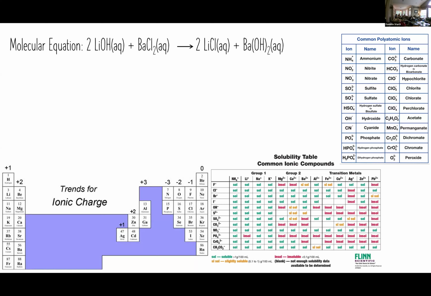So it's 2 LiOH aqueous plus BaCl2 aqueous yields 2 LiCl aqueous plus Ba(OH)2 aqueous.